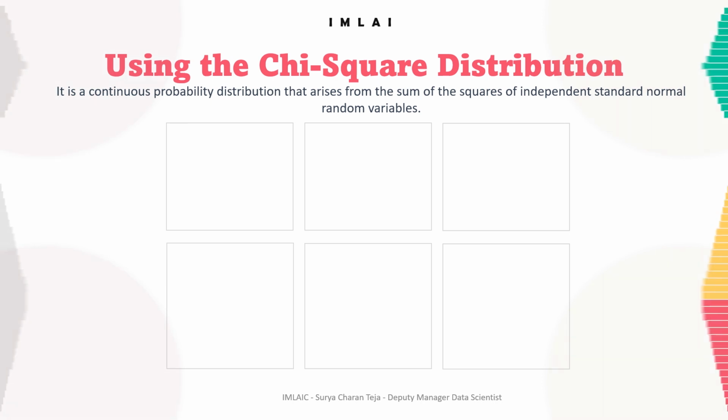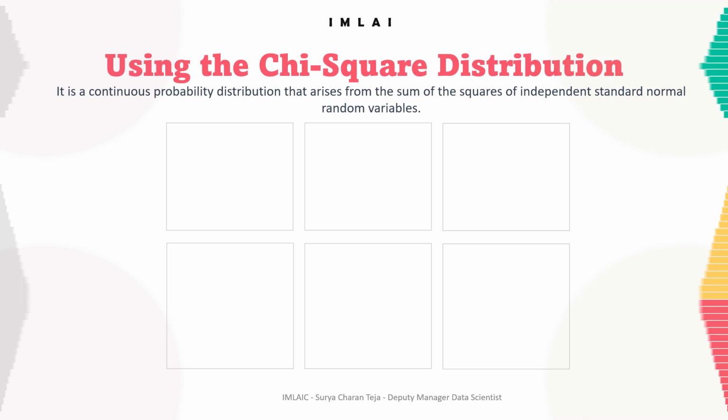Of course, we have done all those things, but when I reiterate, you might get some confusion. Whatever we did before, summing of squares of independent standard categories, that's what it's telling.